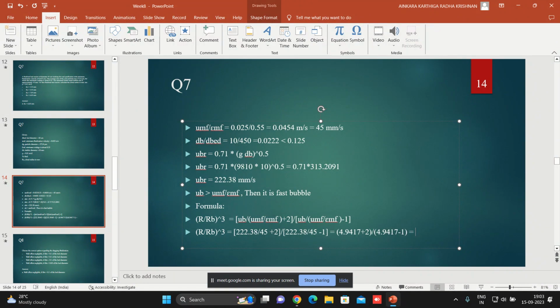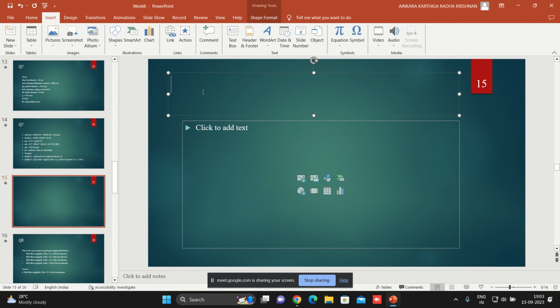So this one is equal to the numerator plus 2 divided by 1.7610. So what would be R by R_B is equal to, we'll continue it in the next page. Question 7, solution continued.